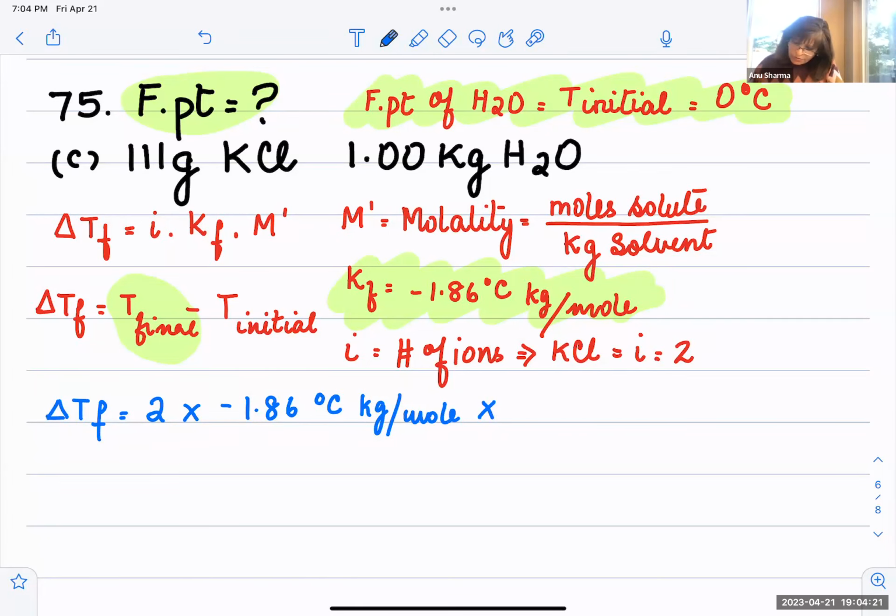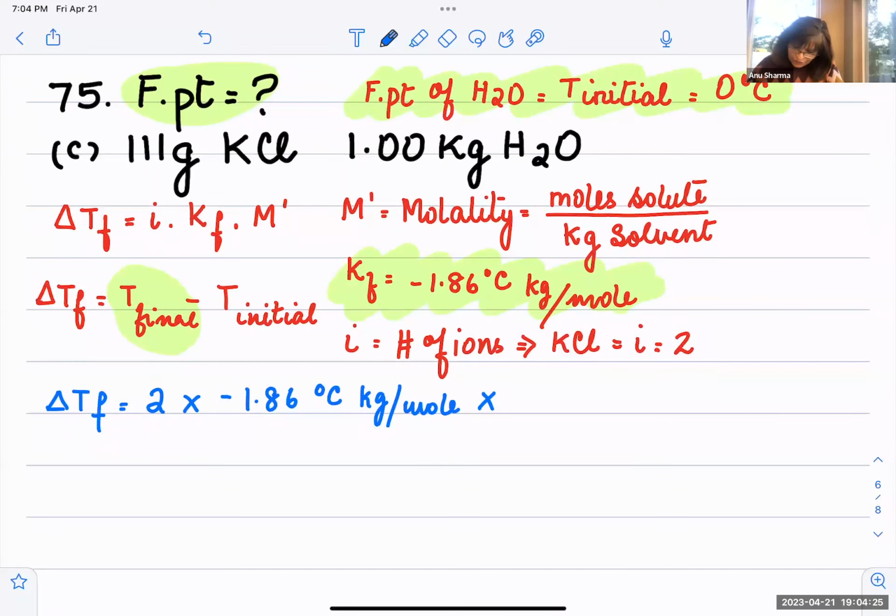Oh, sorry, I forgot one thing here. We need to convert first. Anyways, convert the 111 grams of KCl to moles in order to put that in molality. I totally forgot about it.